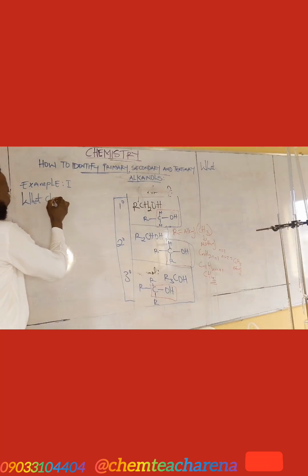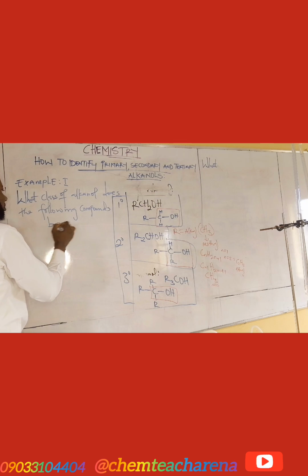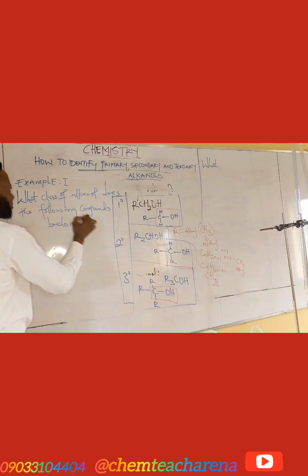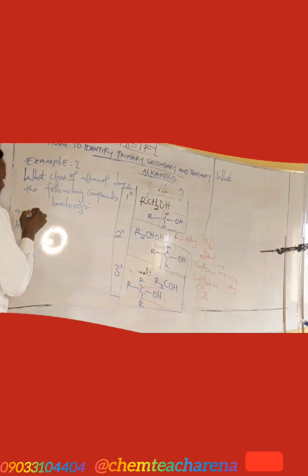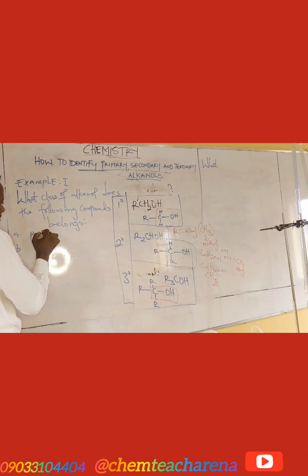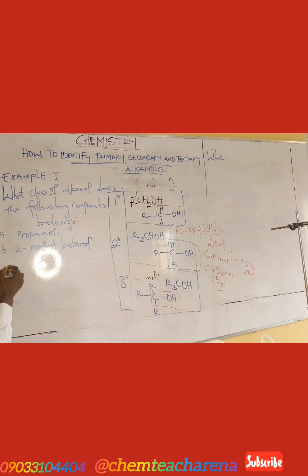Example: what class of alkanol? This is example 1. A, propanol. B, 2-methyl-butanol.